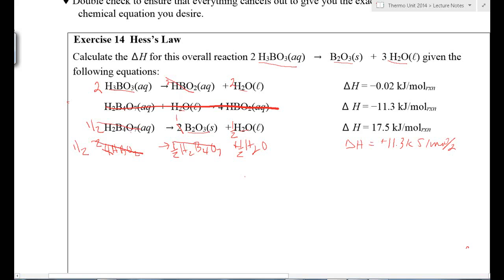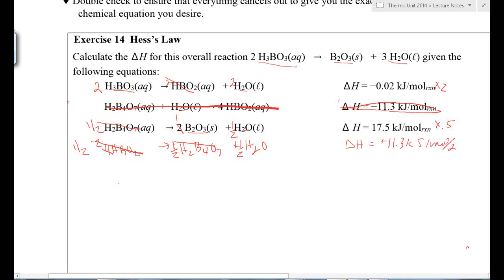So now I need to make sure I adjust all the enthalpies. So this one, I had doubled it, right? So I'm going to multiply this times 2. This one I got rid of, so I'm going to just take that one off because I reversed it, right? Here I multiplied this times a half, so I'm going to multiply this times 0.5. And this one was reversed and halved.